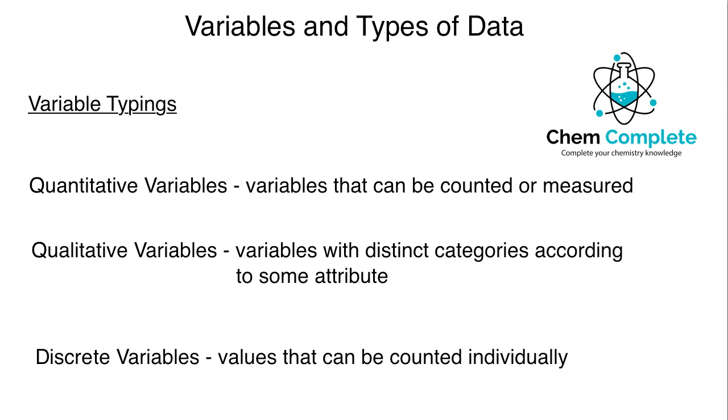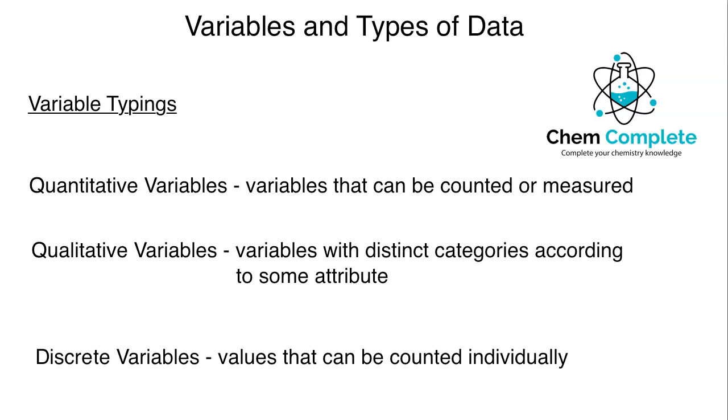The number itself could technically be quantitative, but colors would be qualitative. Red, blue, green, those are not numbers. They are qualitative variables. Something that could be a quantitative variable would be, for instance, the heights of different patients that go to a specific practice for a primary care physician.